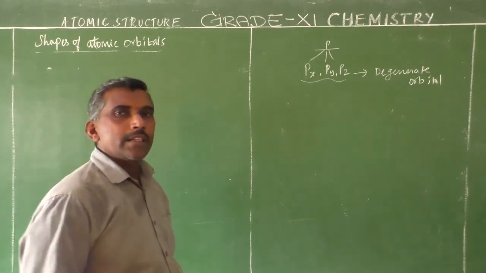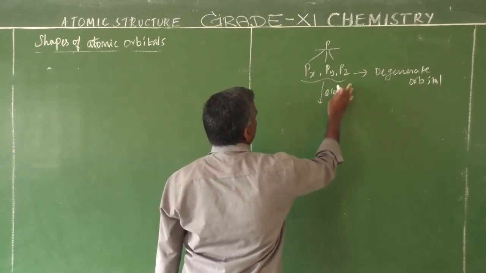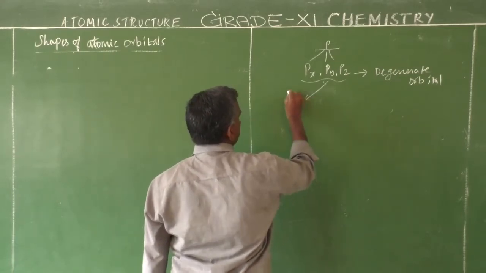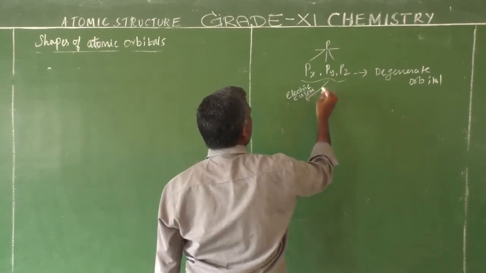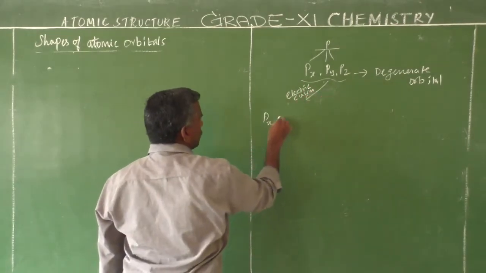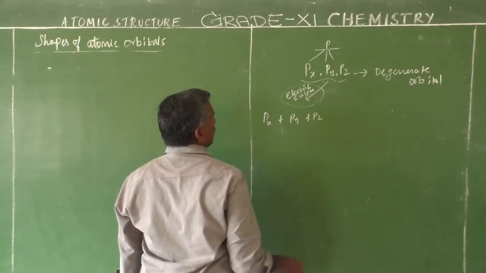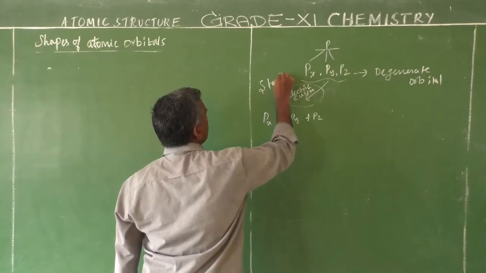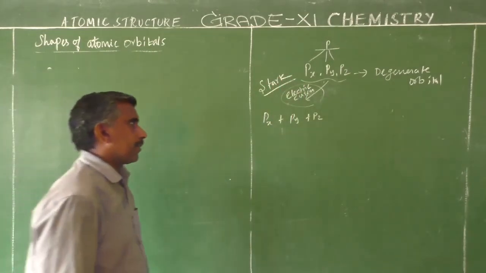Now you apply an electrical field. What happens is the p orbitals split into px and py, pz. This effect is known as the Stark effect. Electrical field splitting is known as Stark effect.